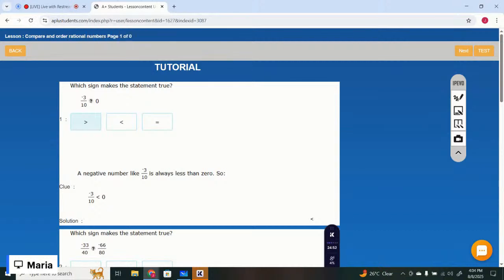Negative 3 by 10, you need to compare it to 0. So negative numbers are always less than the positive numbers. So negative 3 by 10 is less than 0, so less it is. Let's just start with the test questions.